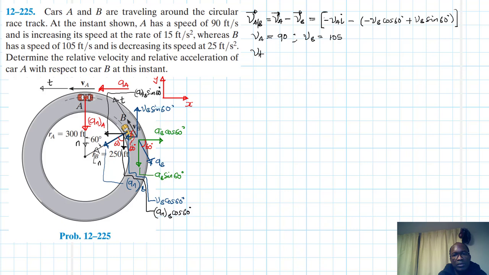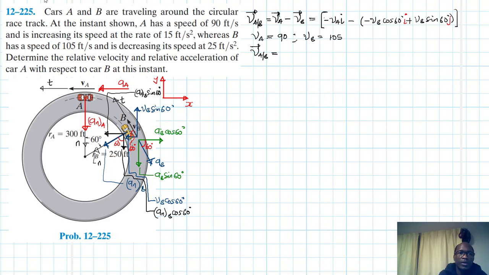Therefore v_A with respect to B is just going to be equal to minus 90. Then we do have components, this one in the i, this one in the j.